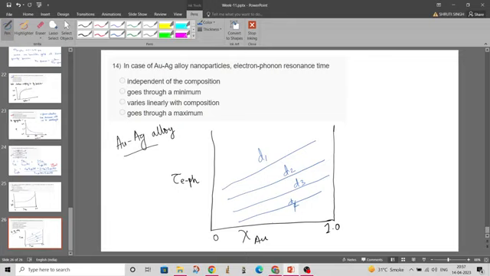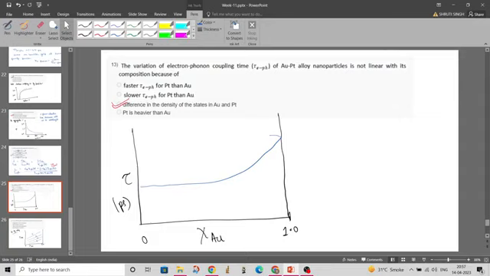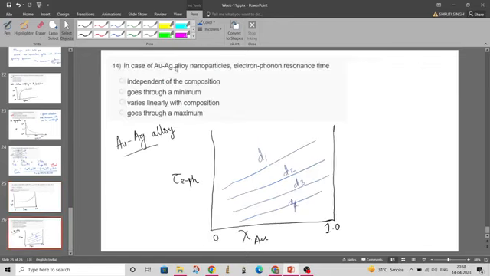For gold and platinum, this is not linear, it was increasing. So this was due to the difference in the density of states of gold and platinum, but here in gold and silver it is linear because their density of states is similar, that is alpha Au is equal to chi Au, that is the density of states of Au is equal to the density of states of Ag.